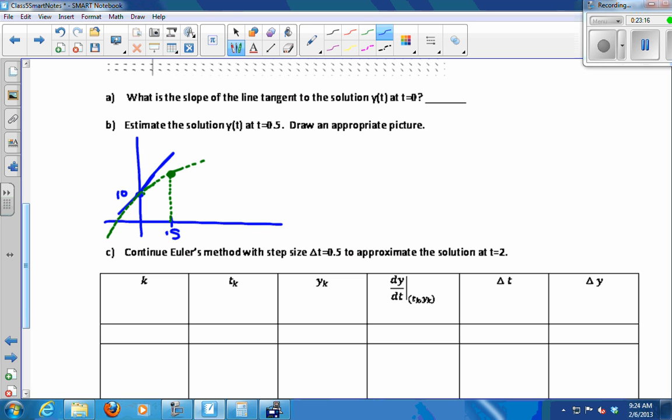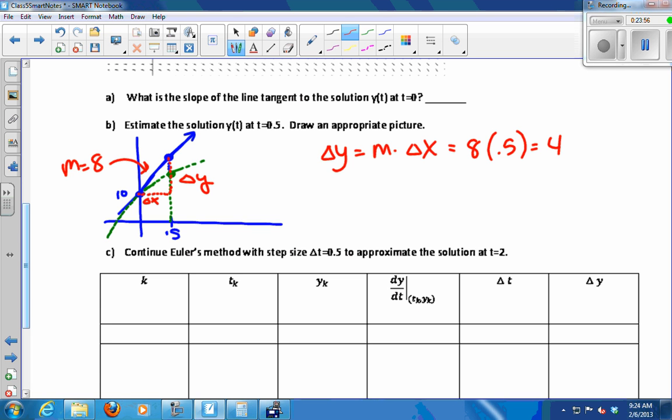But there's no way of knowing that. All I have is the tangent line, right? So I'm going to use the tangent line to approximate it. So instead of getting the point on the curve, get the point on the tangent line, and we'll say that's close enough, right? So what I did is from my initial point, I went over by 0.5 and up by some delta y, right? And I know the slope of this line is 8. So I know delta y is slope times delta x, which is going to be 8 times 0.5, which is 4.